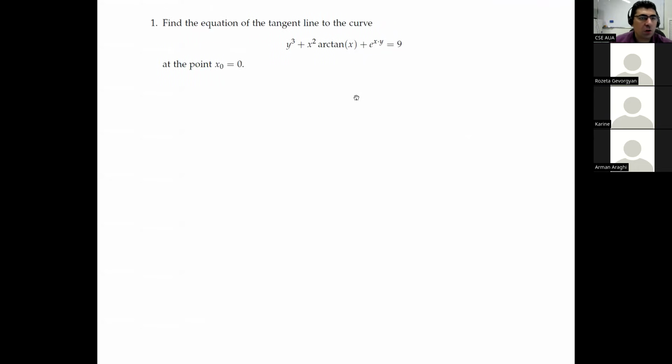Find the equation of the tangent line to the curve at point x0. Okay. First, can you remind me the equation of the tangent line? f prime x0 times (x minus x0) plus f(x0).